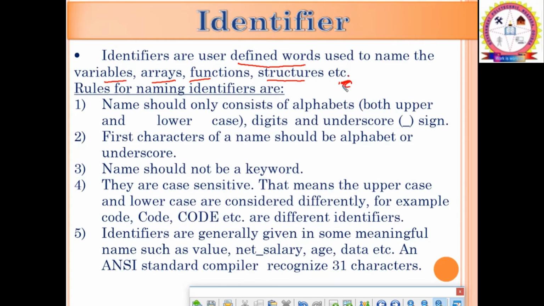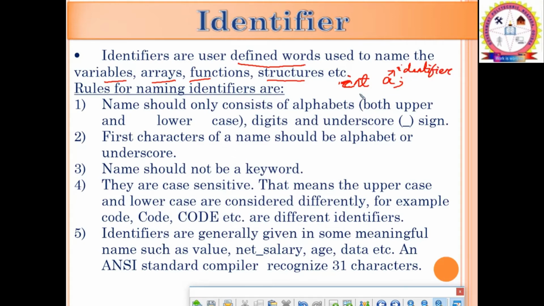Suppose while declaring a variable, just one example, int a. So I am declaring a variable of integer type. So int is a data type, and a is a variable name. This can also be called an identifier. It is a user defined word.